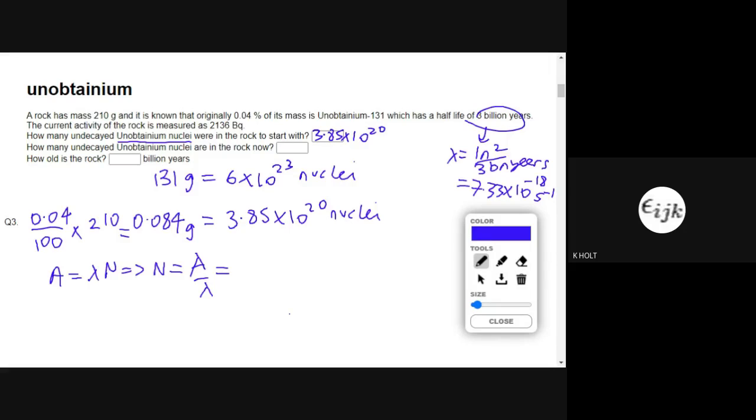So I do the activity, 2136 divided by 7.33 times 10 to the minus 18. And that is 2.92 times 10 to the 20.